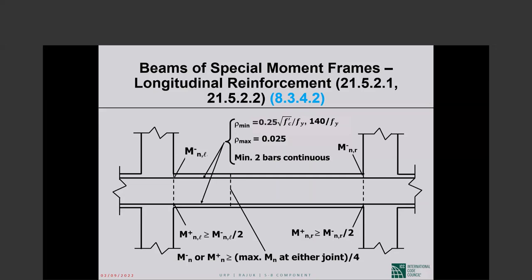Gravity thinking engineers have a lot of problem with this, but this is necessary in seismic construction. The gravity loads always cause negative bending moment at the support section, which requires top reinforcement. Everybody understands that. Earthquakes can cause negative bending moment, which would be additive to the gravity moment, or they can cause positive bending moment when the earthquake reverses direction.